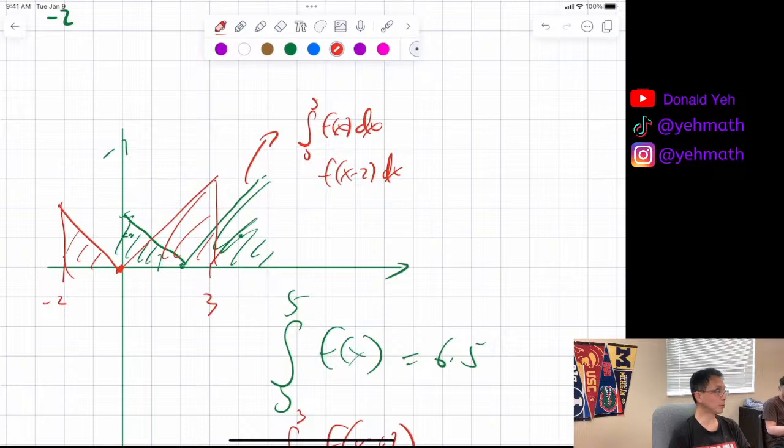Do you know that or no? It shifts 2 units to the left. But luckily, if you shift 2 units to the left, the boundary also shifts. So it becomes the red graph between -2 and 5. They are the same area, so the answer is still 4. Does that make sense or no?